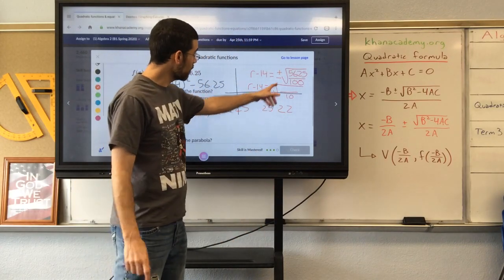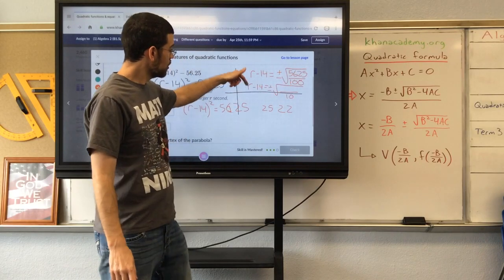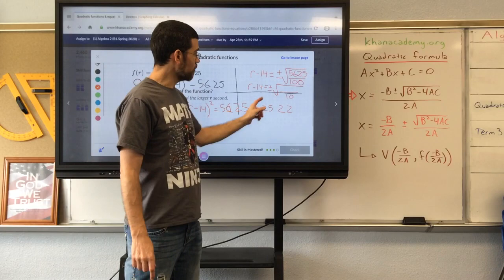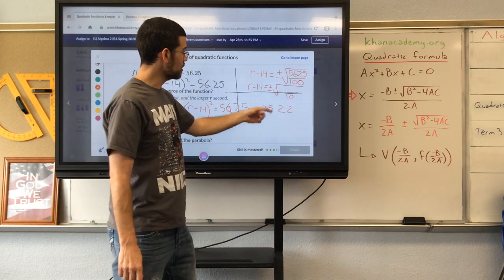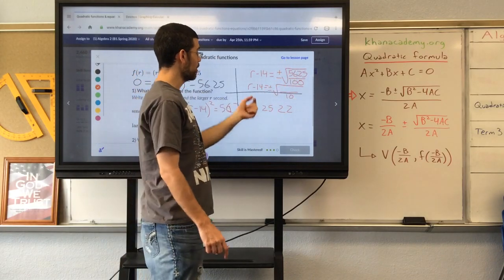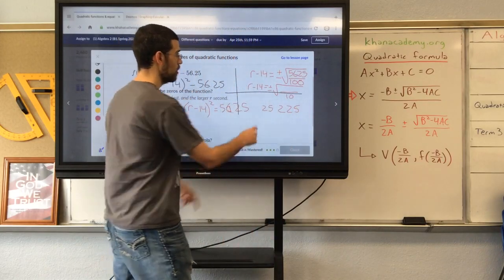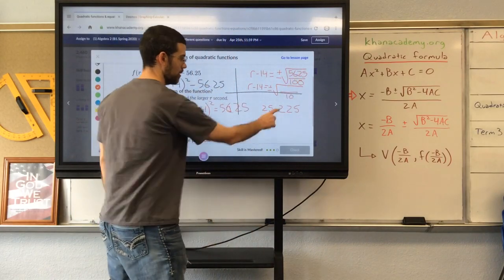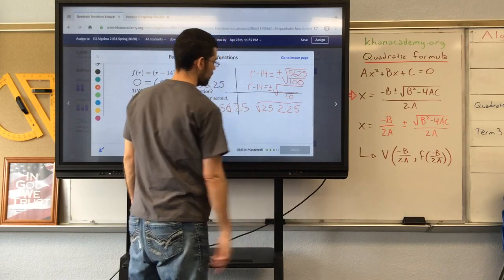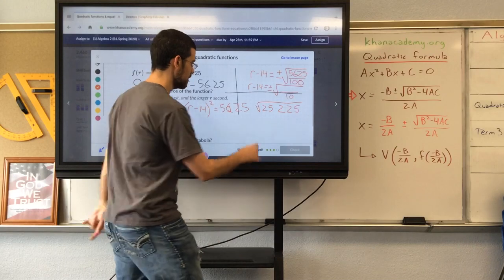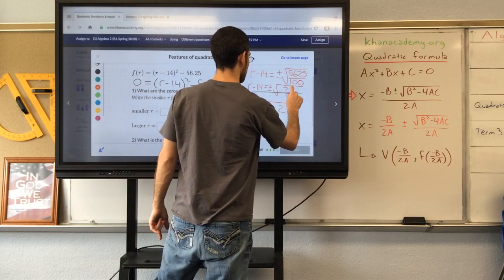Let's see. 25 goes into the 56 2 times, leaves us with 62. 25 goes into 62 2 times, leaving us with 125. 125 divided by 25 is 5. Written this way, I know that the square root of that is 5 times 15, which is 75.